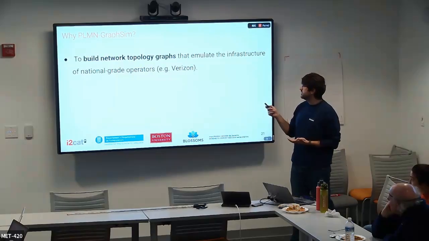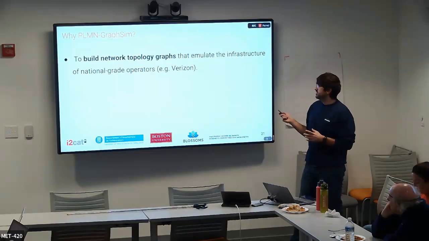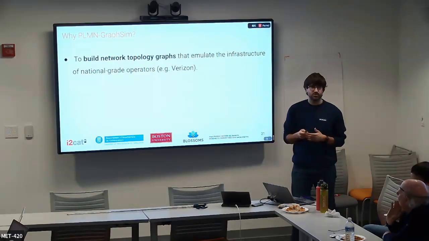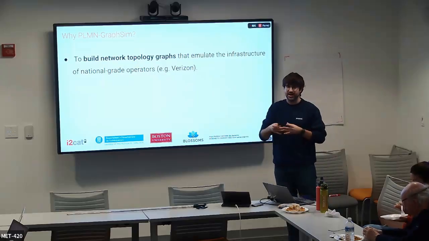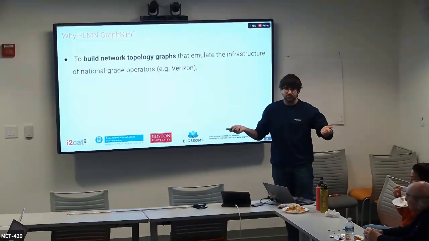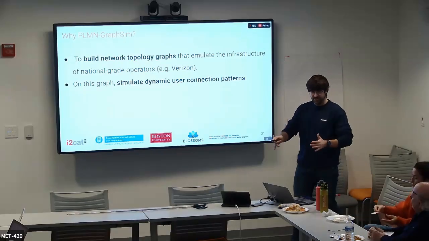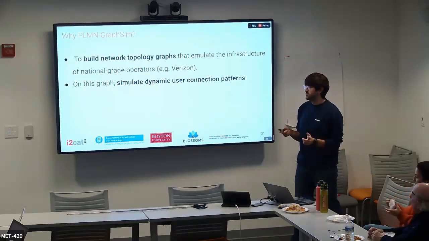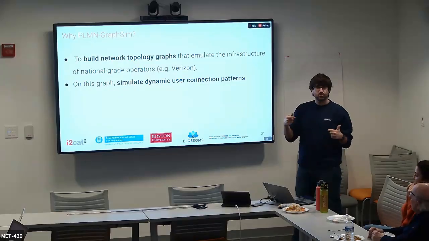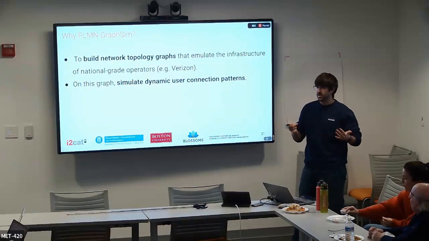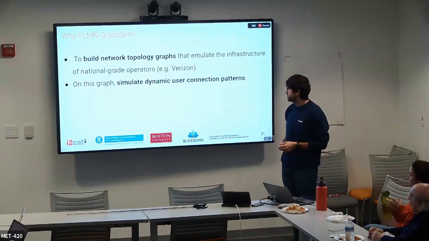One is to build a network topology graph that emulates the infrastructure of national operators, for example Verizon. And then once you have this big graph set up, you simulate dynamic usual connectivity patterns in order to see how the network behaves.